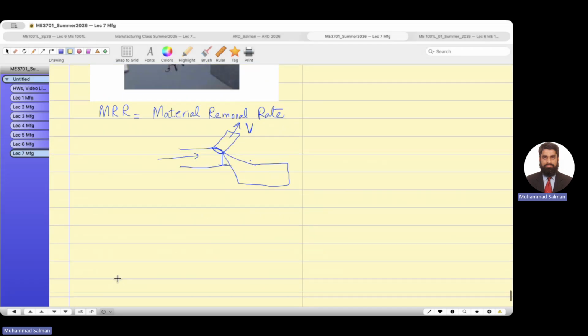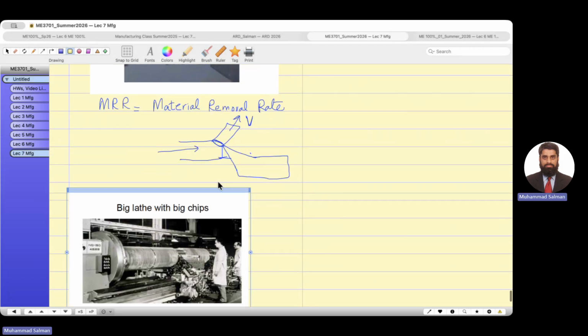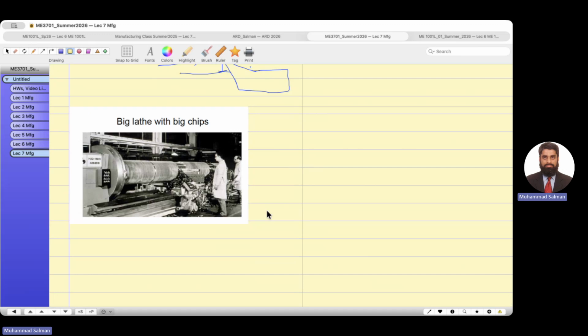Maybe for marine engines, I'm not sure, but this is a very custom made machine to turn down the shaft from a large diameter. You see how much chip is being produced here. But I think in Q308 we have a very small machine. I will take you over there as well.